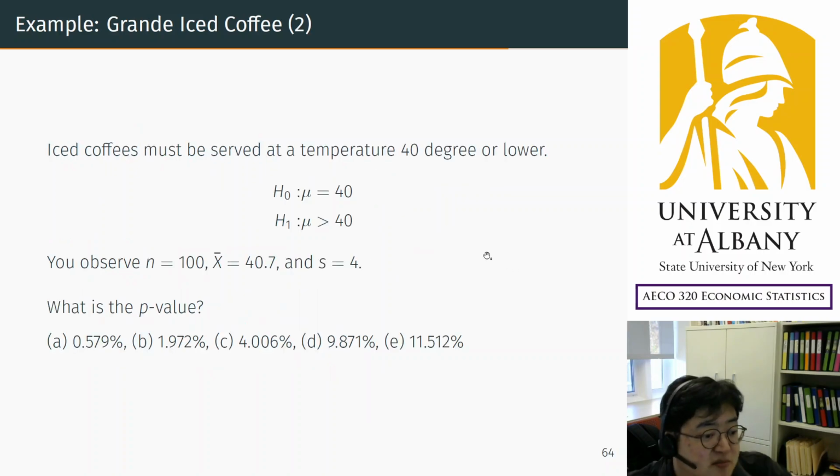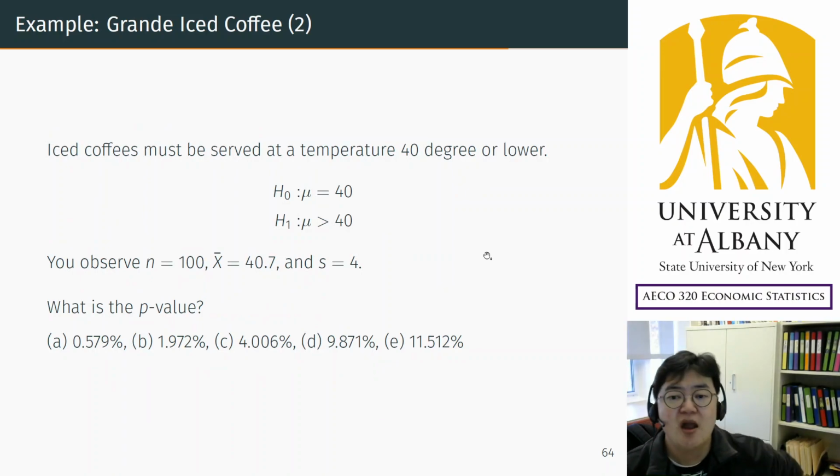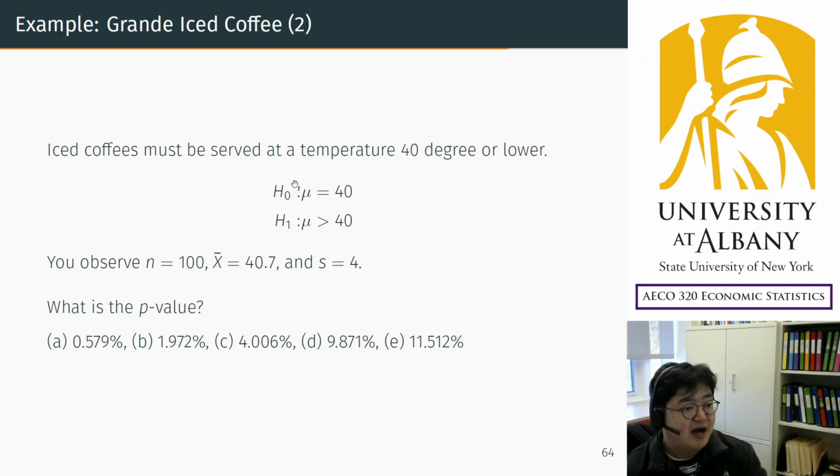Okay, now some exercises. Now I will change the story a little bit. Iced coffees must be served at a temperature of 40 degrees or lower. That means if it's too cold, that is not a problem. It is iced coffee.